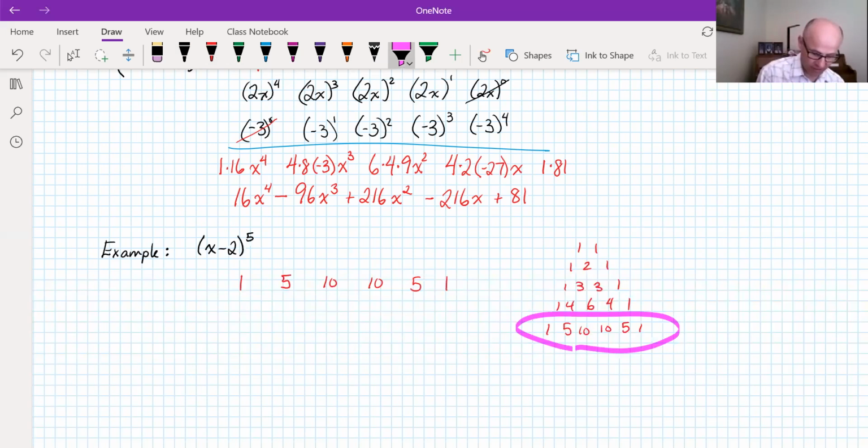My piece in the front, which here is just an x, is going to go, change the color, x to the 5, to the 4, 3, 2, and 1.